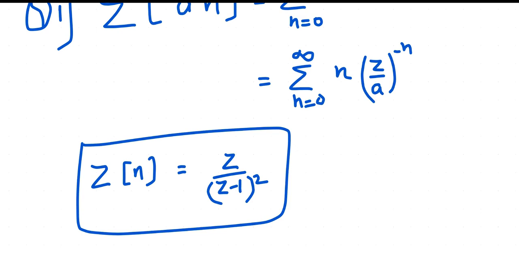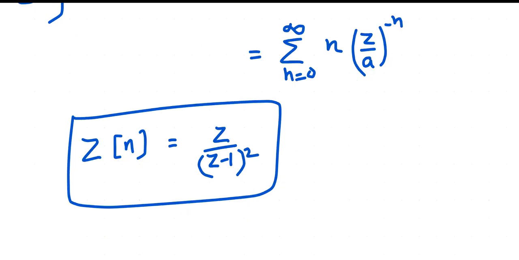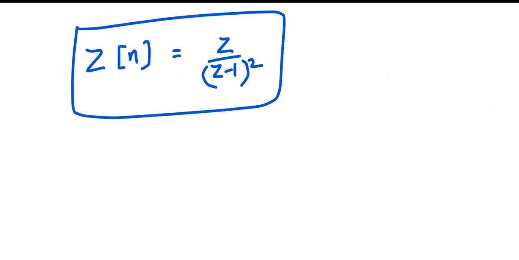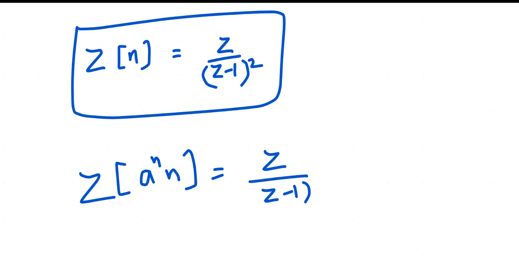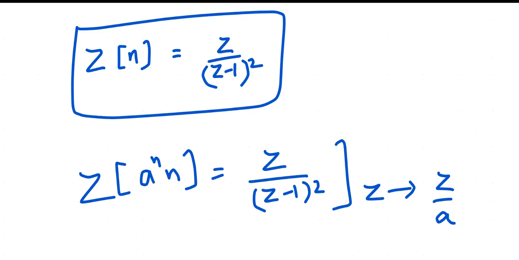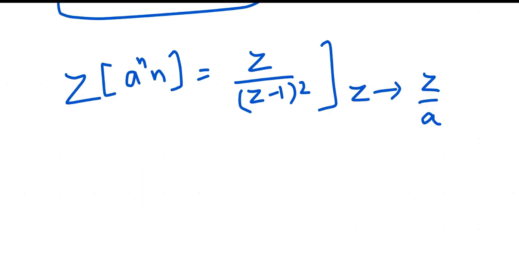So we can write the z transform of a to the power n into n is equal to z over (z minus 1) whole square, where z tends to z over a. So let us use z over a everywhere where we have z. Are you getting me? Just simple, we are using the formula.